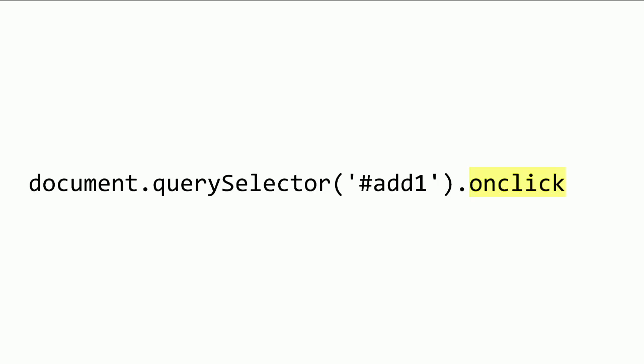And since we read everything left to right, this would literally be: look at the document, then select the specific ID, #add1, because this is what we put in the parentheses, and then look out for event onClick. So that would be just anticipating something and taking some action after the event occurs.